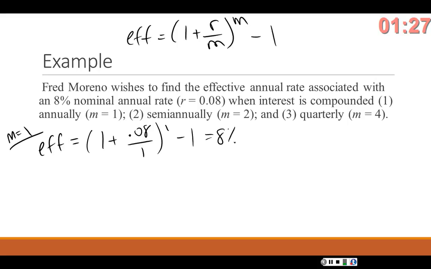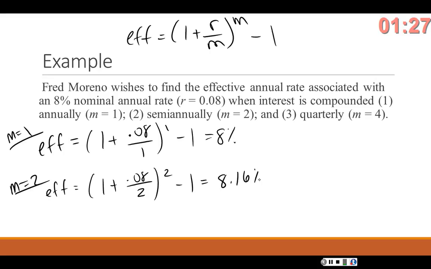Anytime the interest is compounded annually, where m is equal to 1, the effective rate and the nominal rate are equal to one another. So m equals 2. The effective rate would be equal to 1 plus the 8% divided by 2, squared, minus 1, and you get 8.16%. So he's actually earning more than his contract says.